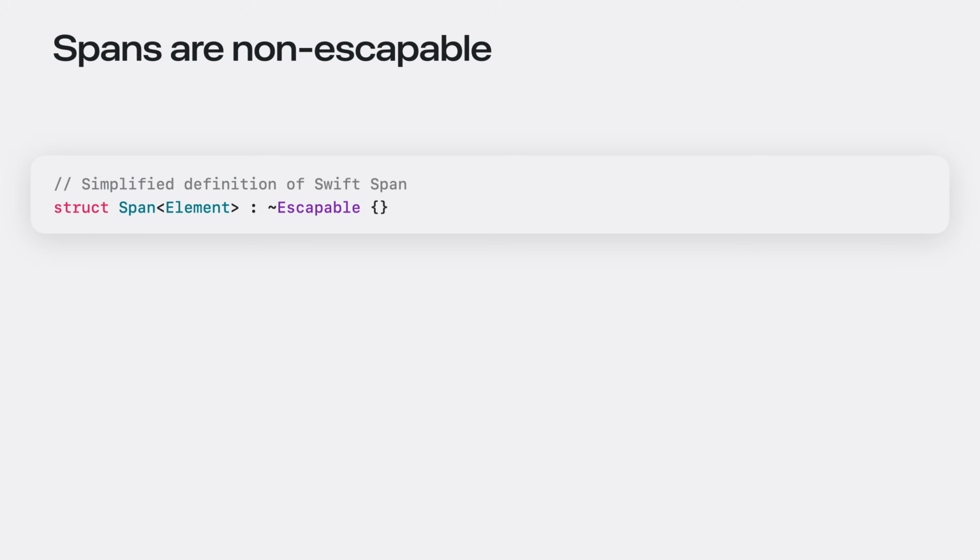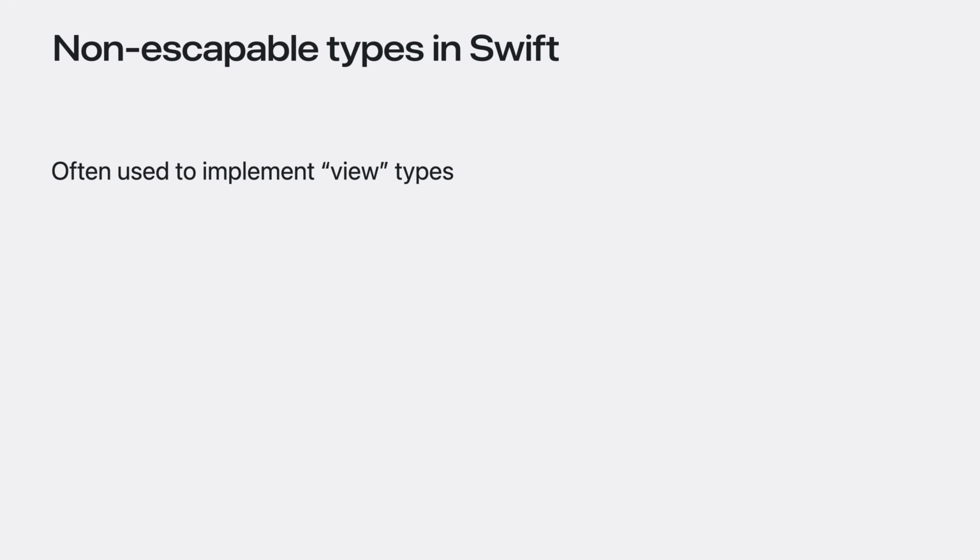So let's take a closer look at what really makes Swift spans safe. Behind the scenes, spans are marked as a special kind of Swift type, non-escapable. Non-escapable types are often used to implement types that offer a view into another type's memory without making a copy of it.